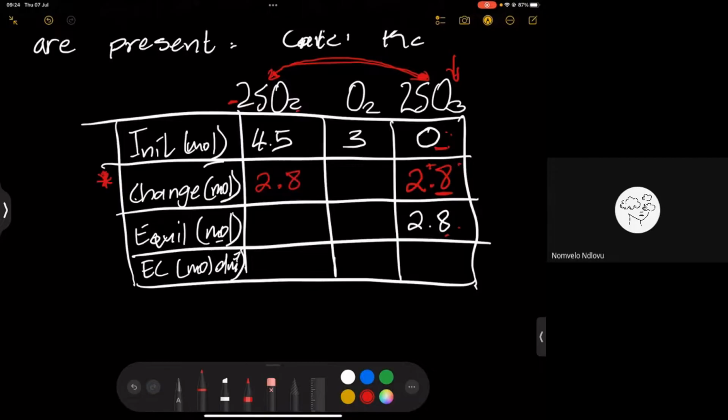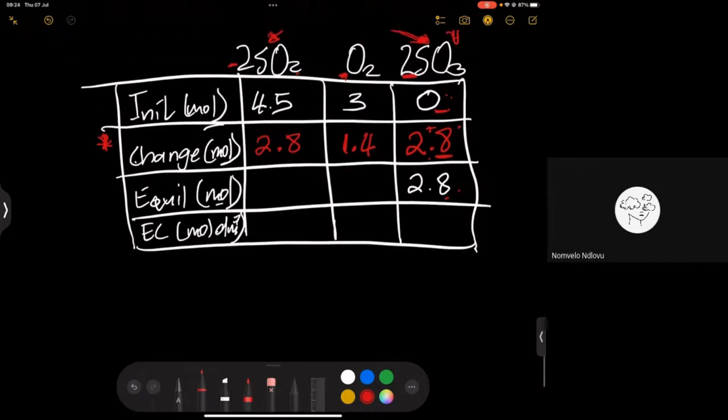Does that make sense? Yes, sir. All right. So look at this. For oxygen, for every 2 of those, there's 1 of this. So if I've got twice the amount of sulfur trioxide, I'll have half the amount in this case. So for 2.8, what's half of that? That's going to be 1.4. Does that make sense?